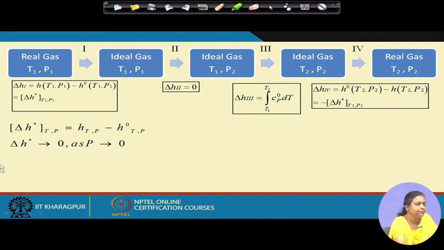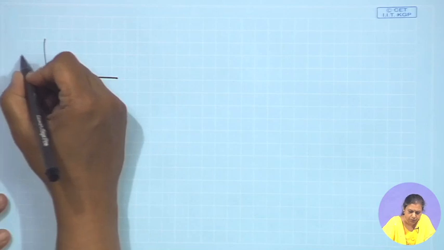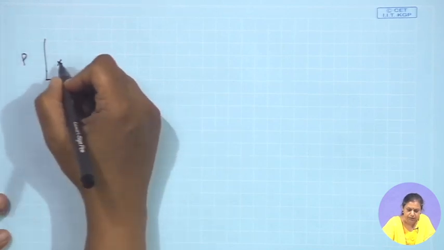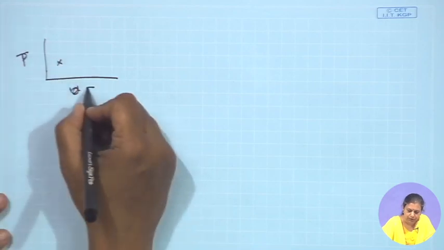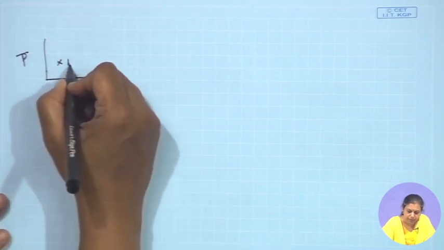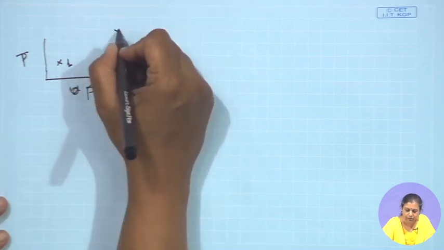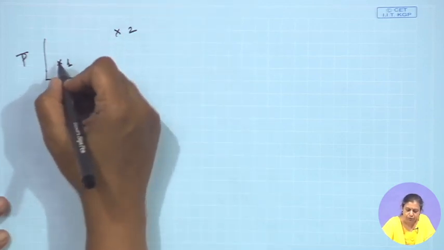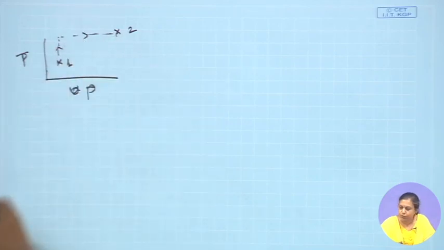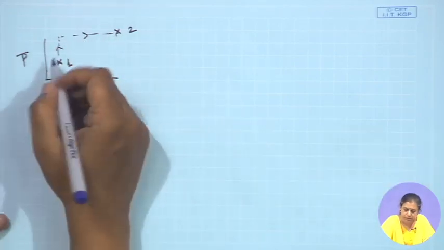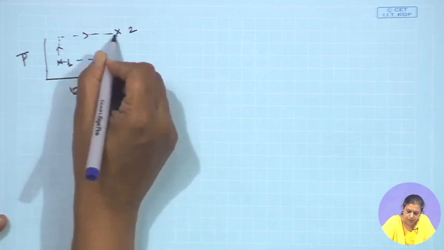If you recollect, what I had done was I had initially proposed that on a PT plot, it was a TP plot as far as I remember, we have some particular gas at state 1 and we need to take it to state 2. So I had proposed which path we are going to adopt. Is it going to be this path or is it going to be this path?